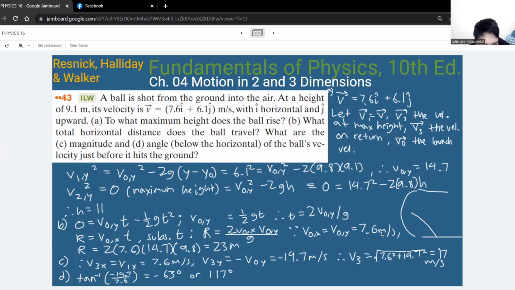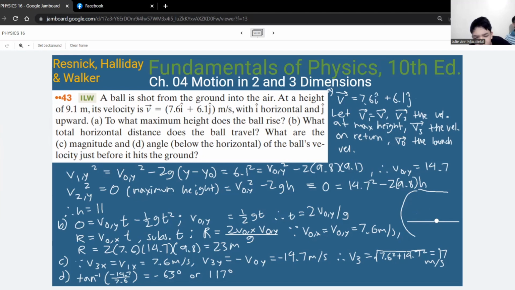So yung arrow, pag 117 degrees, parang going up to the left, di ba? Ano yan eh, yung tangent inverse that gives you two directions. Yung isa, pabalik or pabaliktad yung direction.